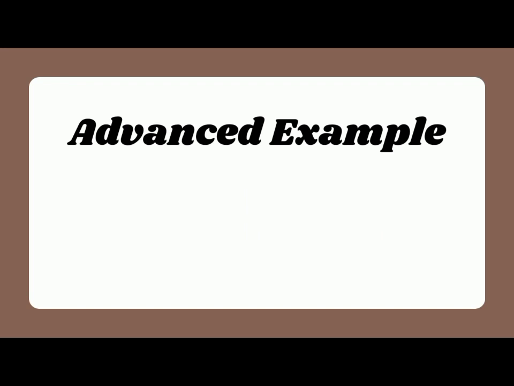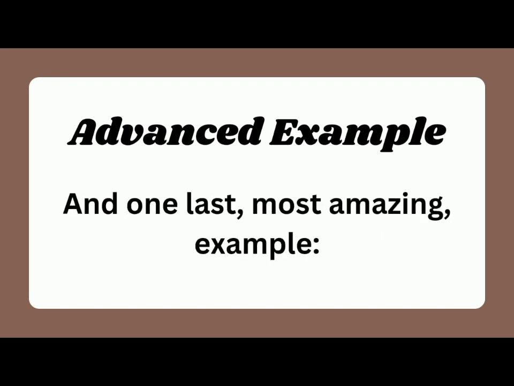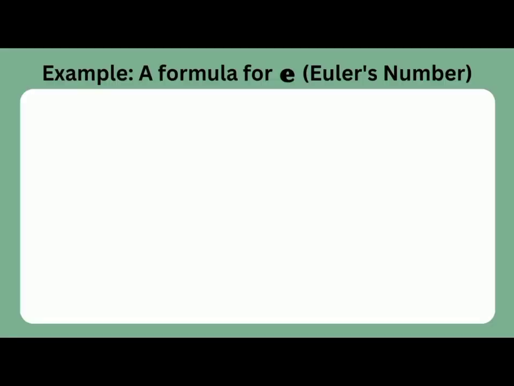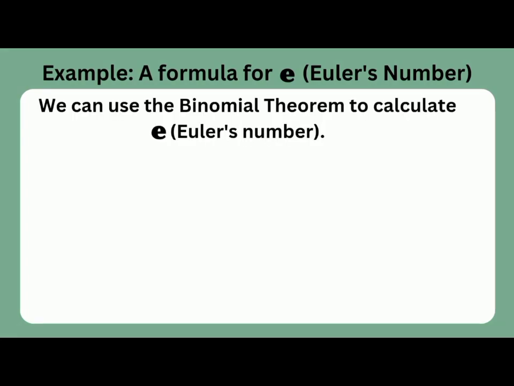So, now, let's proceed to the advanced examples, and one last, most amazing example: the formula for Euler's number. We can use the binomial theorem to calculate Euler's number.